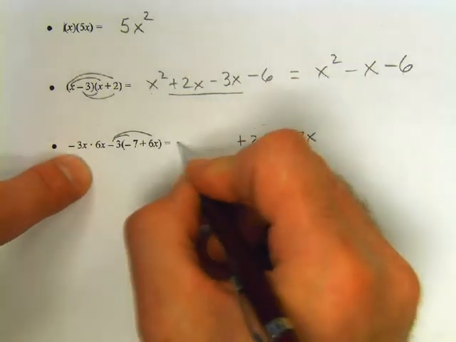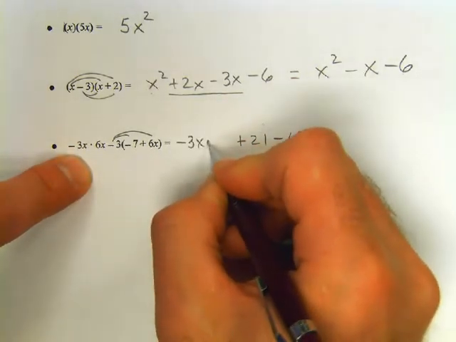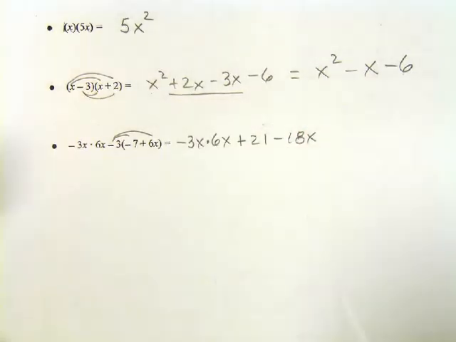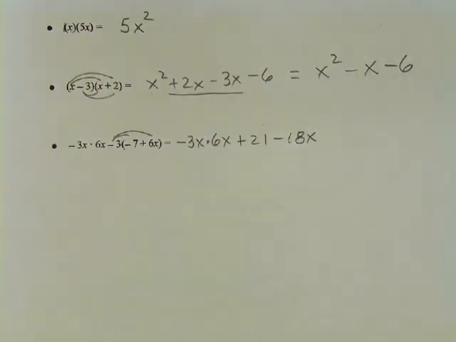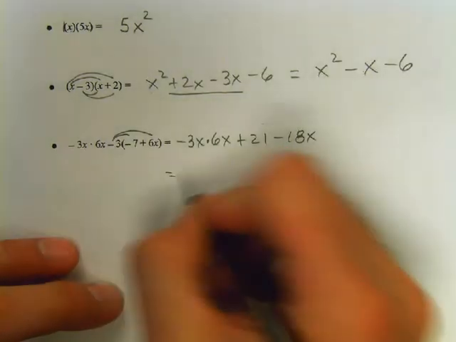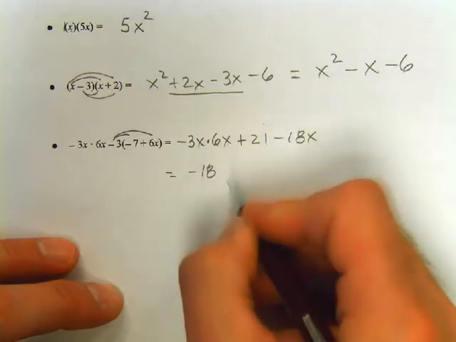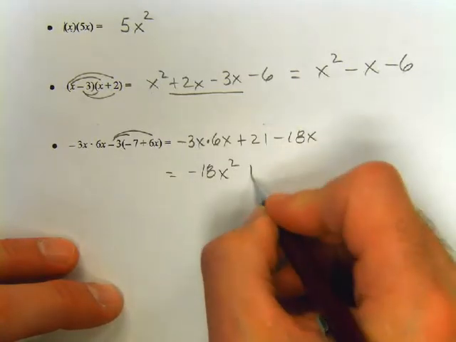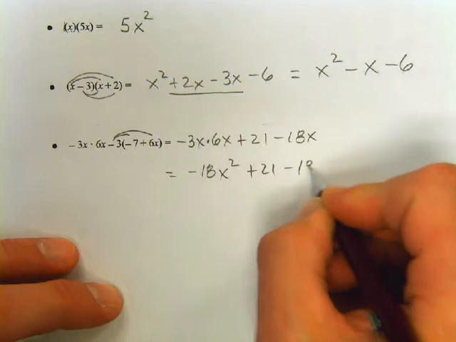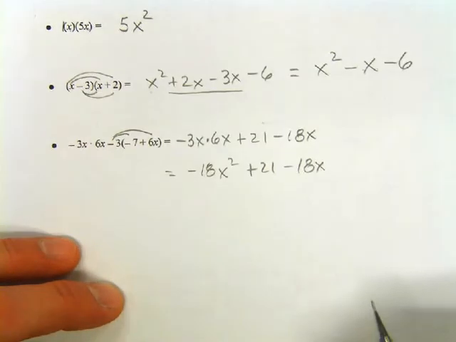And then we have negative 3x times 6x. Okay. Now we do the multiplication. Negative 3 times 6 is negative 18. x times x is x squared. Then we have the plus 21 minus 18x.